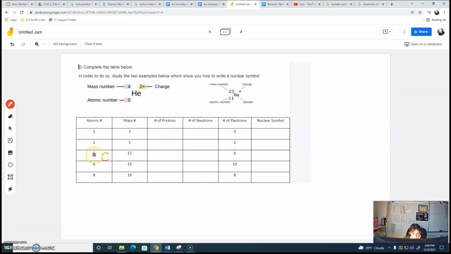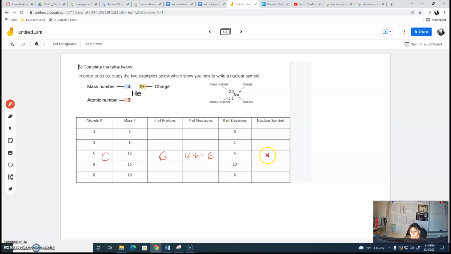Number of protons: well, atomic number always gives me number of protons, so I know I got 6. Number of neutrons: if I take my mass number minus my protons, that gives me my neutrons, right? So 12 minus 6 equals 6. I got 6 neutrons. Number of electrons, I am told I got 6.